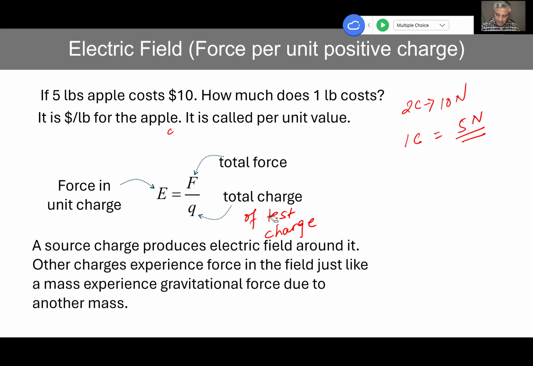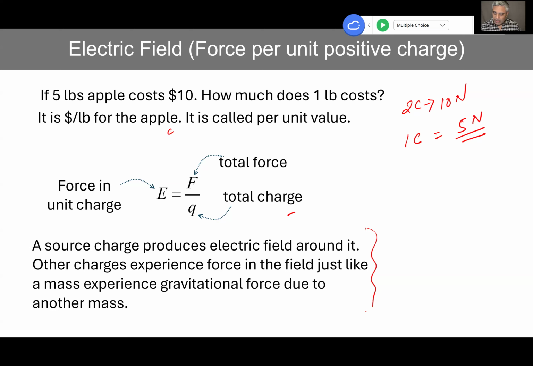Whatever I said, most of it I have written over here. The source charge produces an electric field around it. Other charges experience force in the field, just like a mass experiences gravitational force due to another mass.